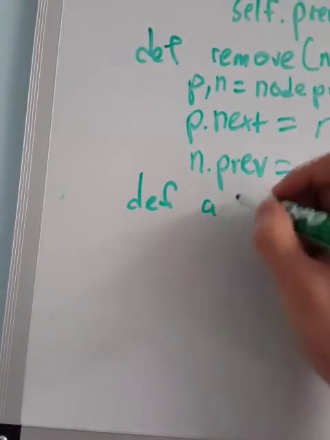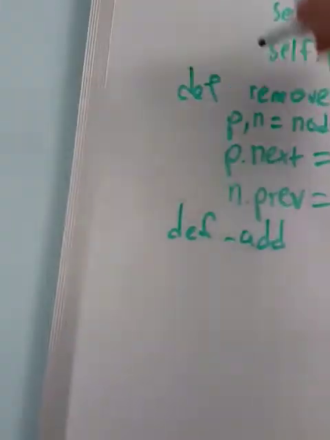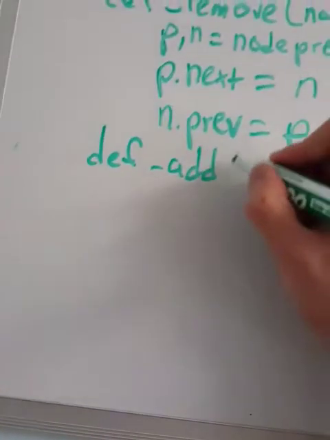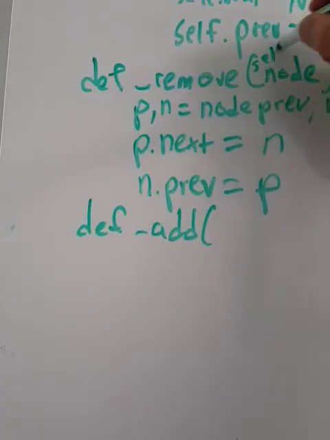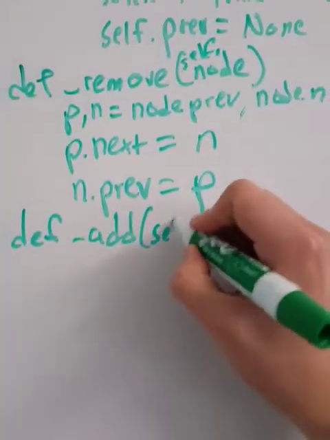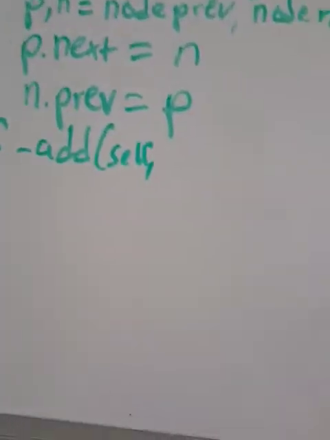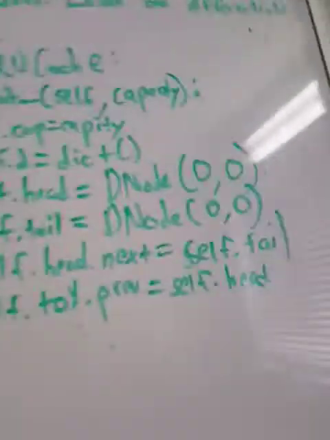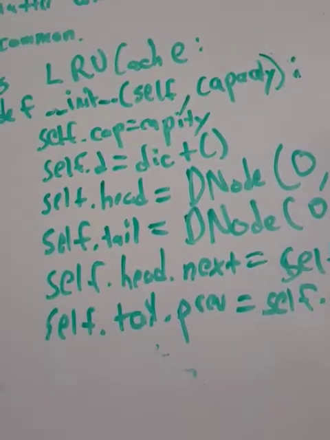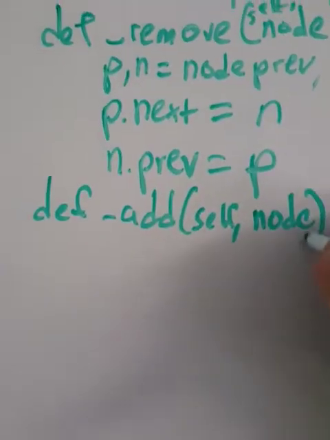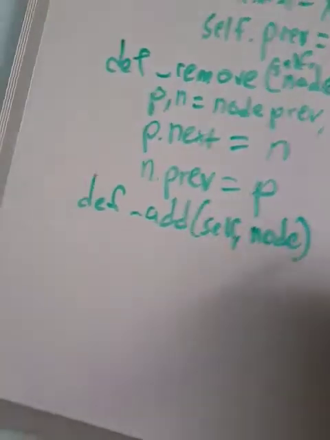For the add function, these also need a self in here, because that's within our LRU cache, and you need the self to access these attributes. So, define add. You're adding another node, similar to our remove function.